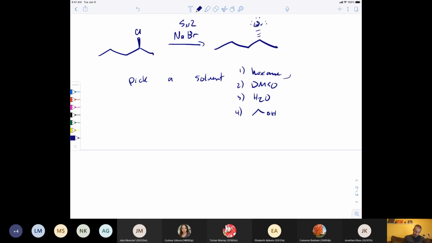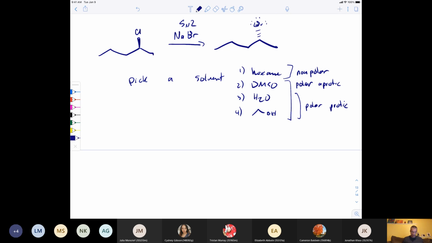Hexane would be awful. It's a non-polar solvent. Sodium bromide won't dissolve in it, so it's not going to be a very good one. It'll dissolve in the rest of them. This one is non-polar. This one is polar aprotic. And these two are both polar protic.